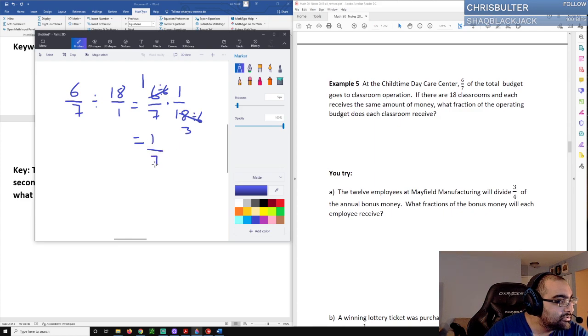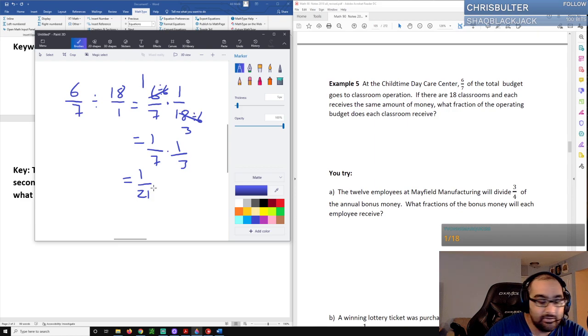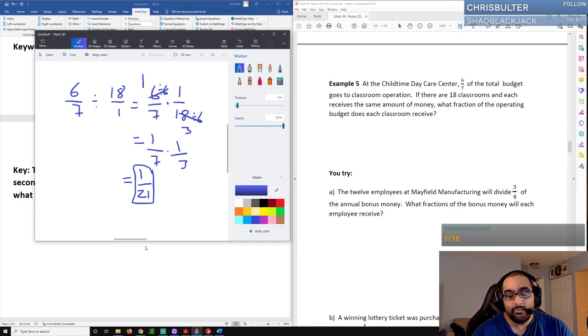So we get 1/7 times 1/3. So here we get 1 over 21. Okay, that's right. Yeah, I get 1 over 18, and then you can convert that over. We get 1 over 21 as our final answer. Yeah, 1 over 18 to do the reciprocal there is correct. Yes.